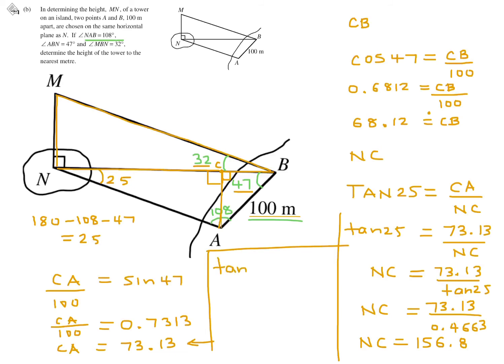Tan of 32 is equal to the opposite, which is MN, over adjacent, and adjacent is all the way from here to here, NB. So the tan of 32 is MN over NB. Now what's NB? NB is NC plus CB.